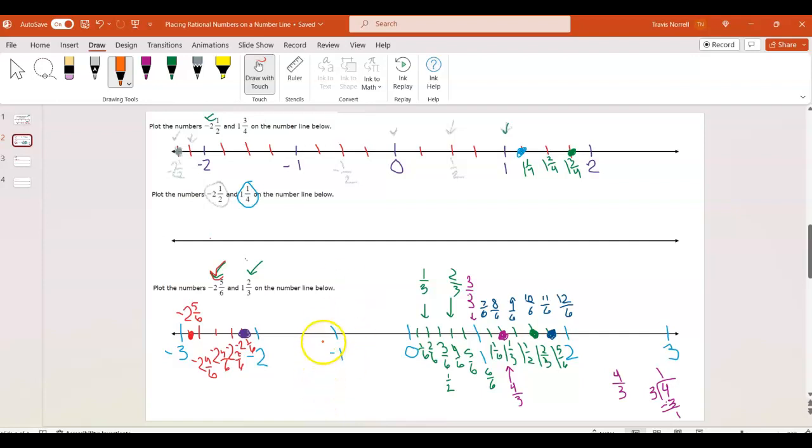Okay, it's going to be between -1 and -2. So I'm going to break this up into thirds. And then since I'm doing 6, I'm going to cut each one of those in half. So here is -1 and 1/6.